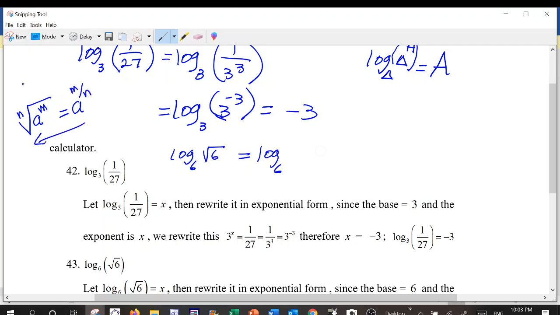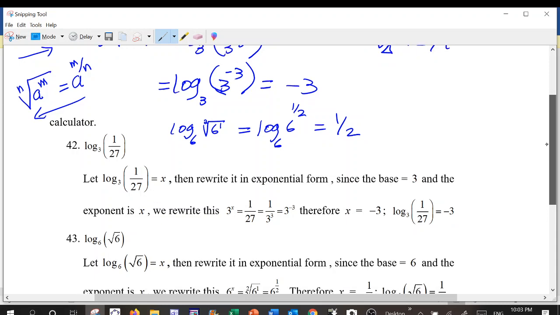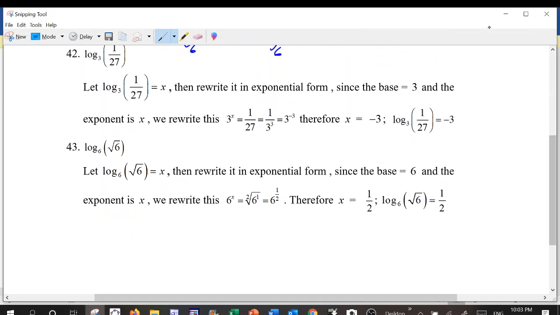So radicals are nothing but fractional powers, right? There is a 1 here and there is a 2 here that we don't write. So this is really 6 to the 1/2, which gives 1/2, because the base and log cancel, right? All right, is there another one we can do?